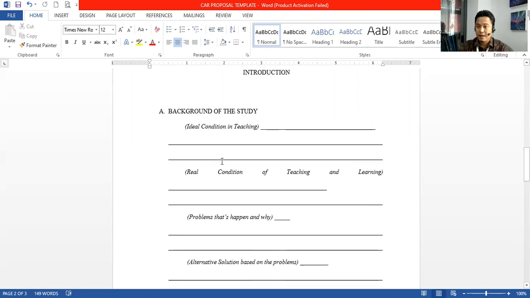Next is the real condition of teaching and learning. This is the opposite of the ideal condition. The ideal condition is something we expect in teaching and learning, but the real condition is what really happens in your classroom, in your teaching and learning process.